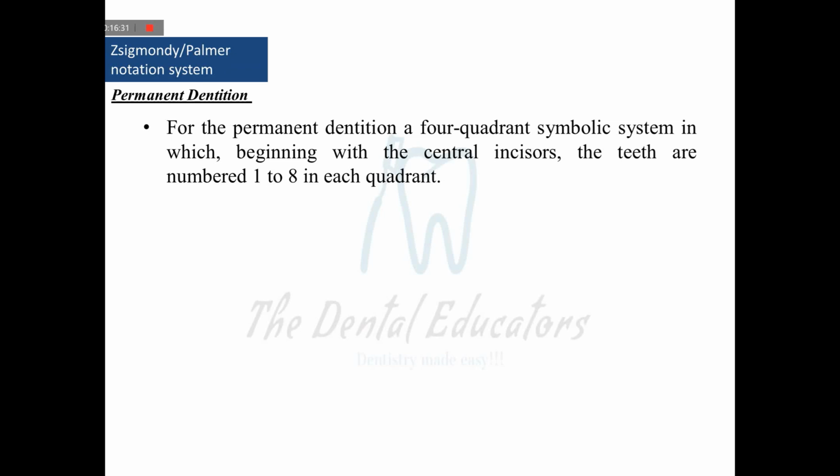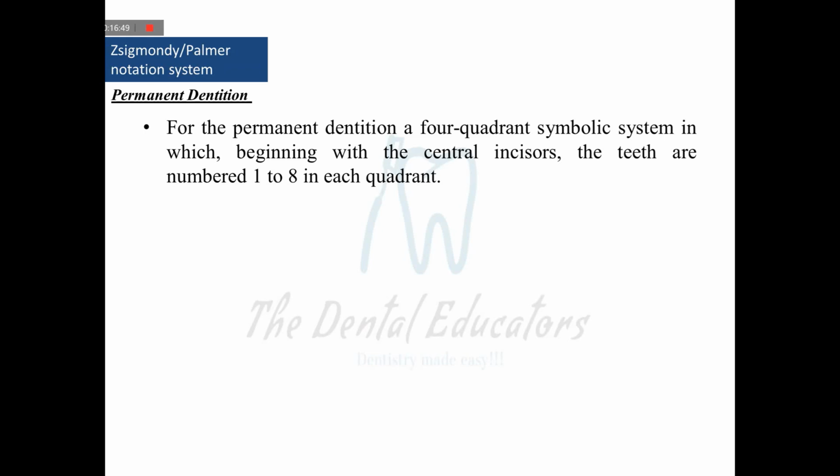So we will give each tooth a specific number. We will do a similar thing as we did in the deciduous dentition, but rather than marking the teeth alphabetically, we mark them with numbers.